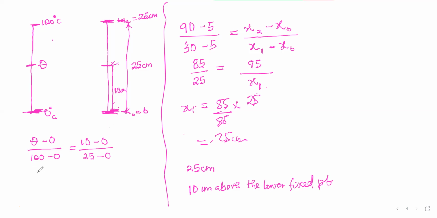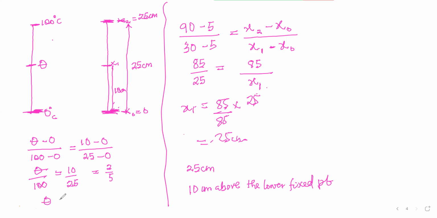So theta over 100 is equal to 10 over 25, and this ratio will be equal to 2 over 5. So let's make theta the subject.